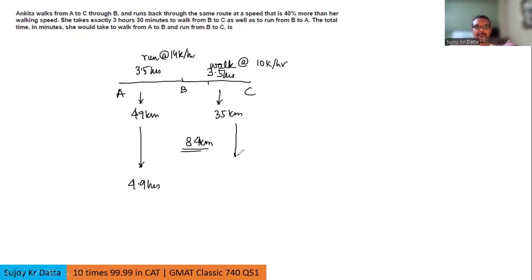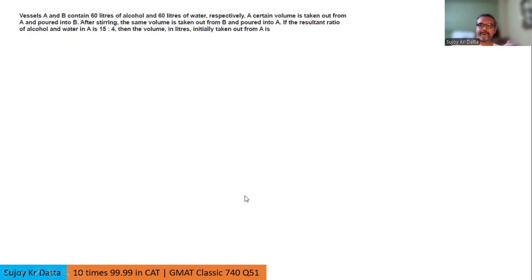And 35 kilometers at 14 kilometers per hour, so 35 by 14 would be 2.5 hours. So that would be 7.4 hours. So 7.4, if I multiply with 60, that would be 444 minutes. So that is the answer to this question. So that is your 18th one. Next, number 19.